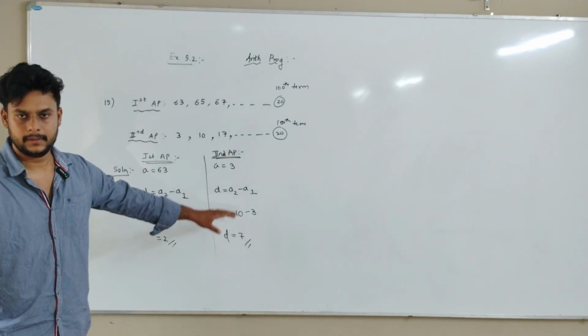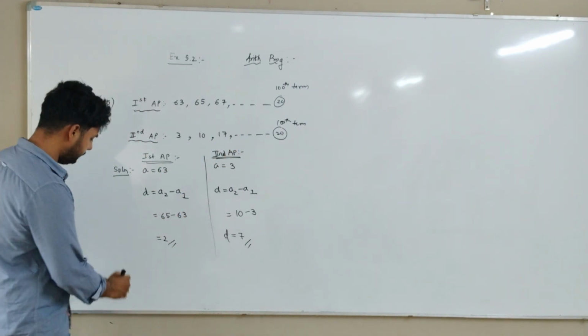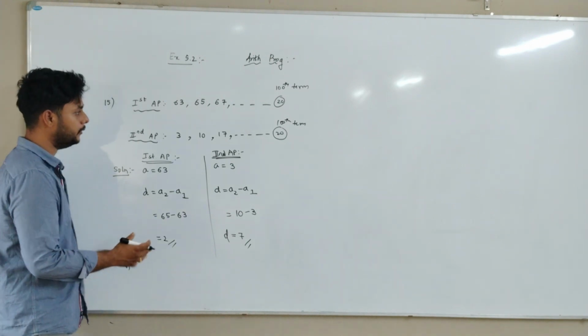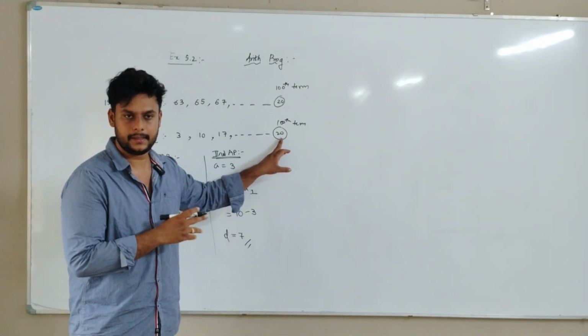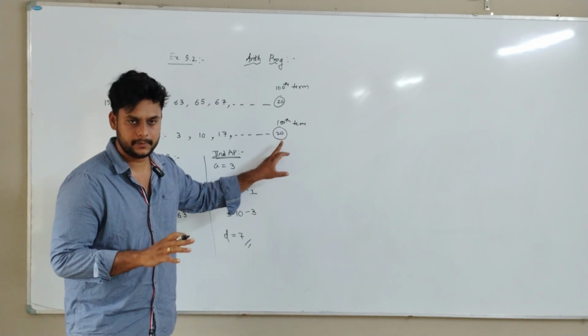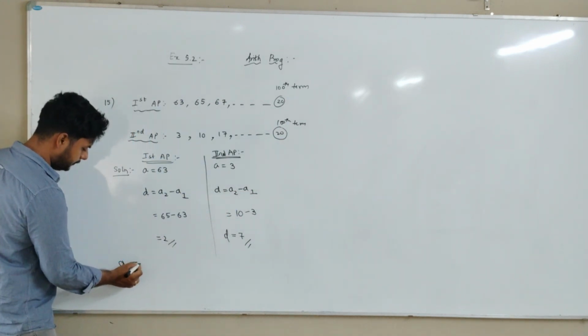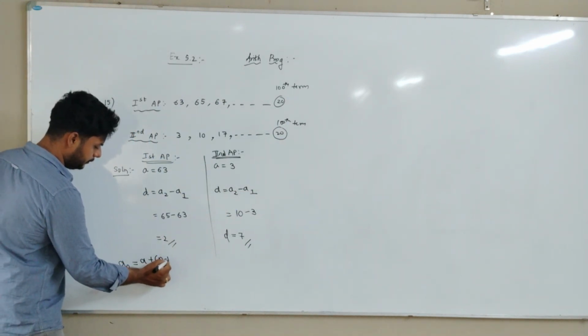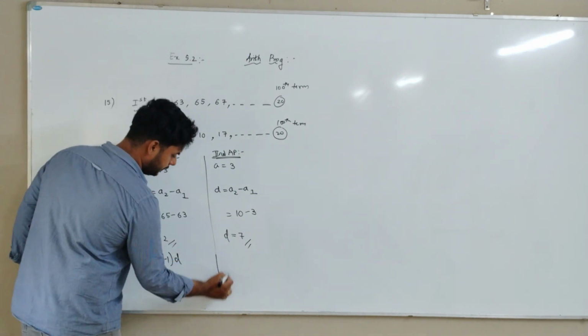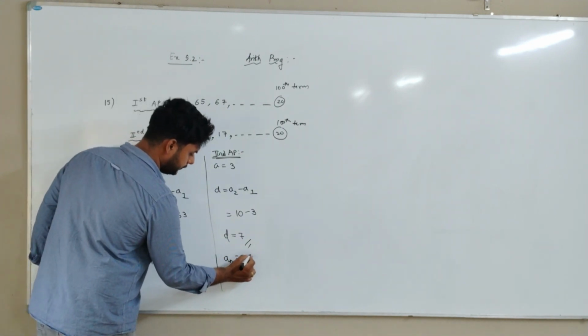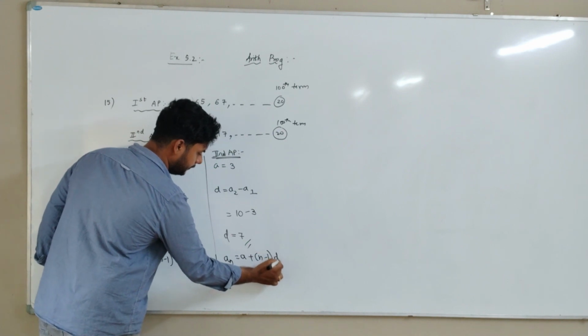Any doubts? Now an is the value I don't know. This is the last term. I don't know what that value is. So an is equal to a plus n minus 1 into d. Here also the same, an is equal to a plus n minus 1 into d.